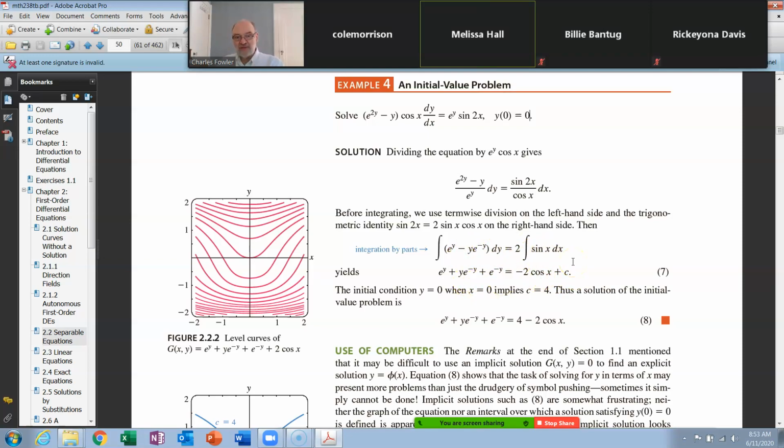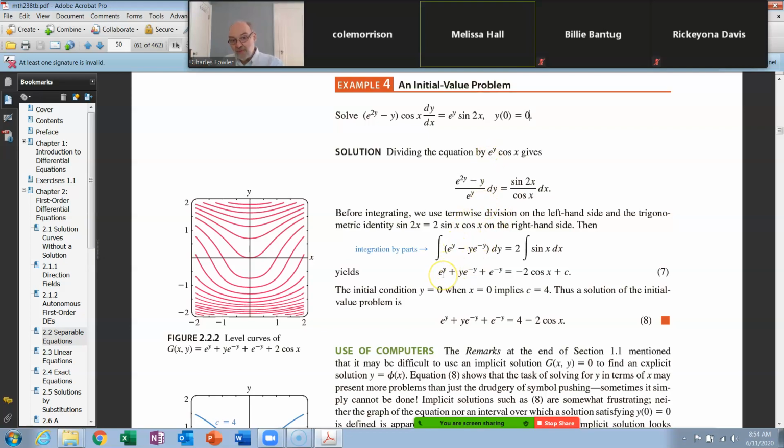plus c. Now, this is our solution in parametric form. So we use our initial condition to eliminate the parameter. We'll plug in x equals 0 and set y equal to 0.